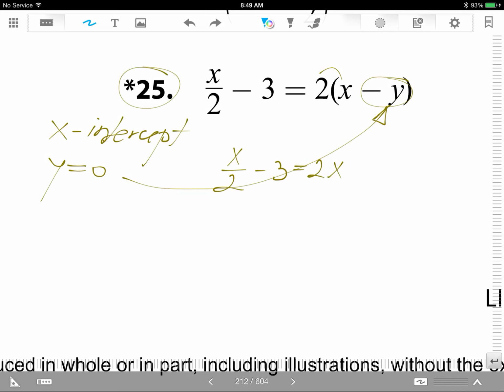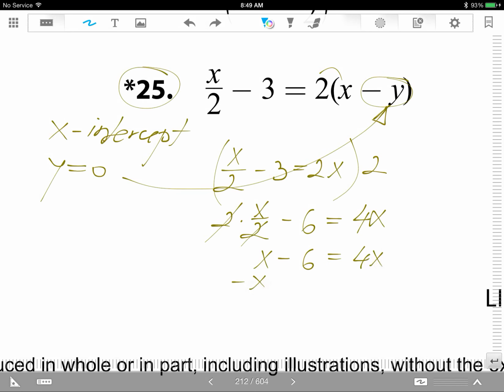If you don't like that denominator, you can multiply everything by 2 first. You have 2 times X over 2 minus 2 times 3, which is 6, equals 2 times 2X, which is 4X. Now 2 times X over 2 will be just X. So your equation, X minus 6 equals 4X.